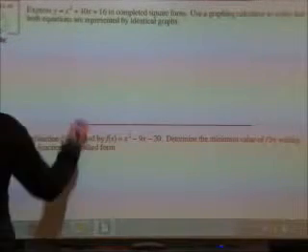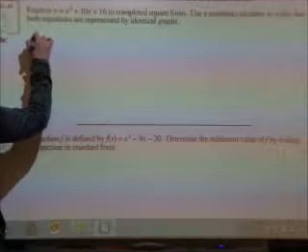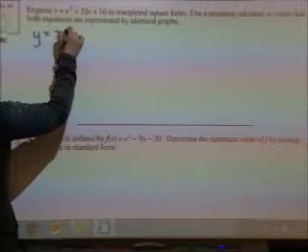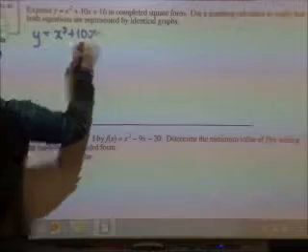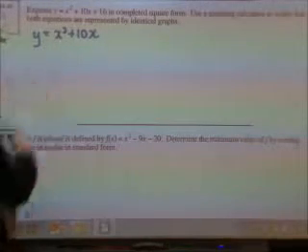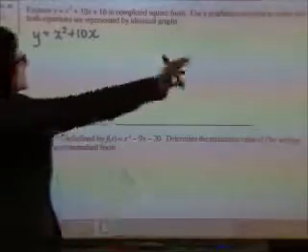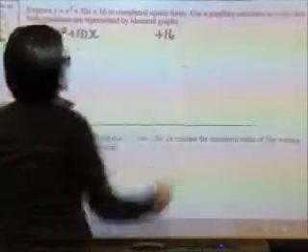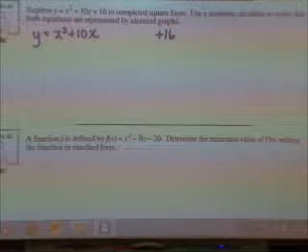So I have y equals x squared plus 10x plus 16. What I'm going to treat as my perfect square is my x squared plus 10x. The 16 we're going to put off to the side. It's still there, but I'm just going to put it further away and leave a big gap.